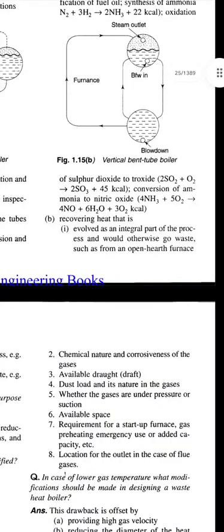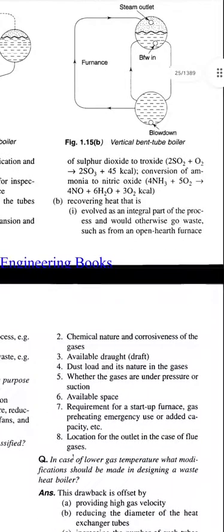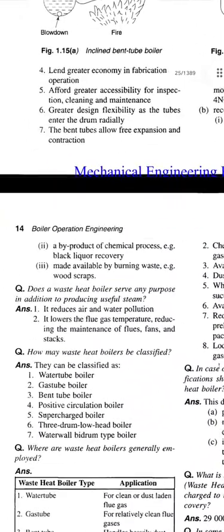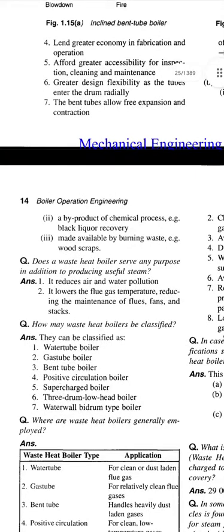Recovering heat that is evolved as an integral part of the process and would otherwise go waste, such as from an open hearth furnace, a byproduct of chemical process, example black liquor recovery. Third one is heat made available by burning waste, example wood scraps.